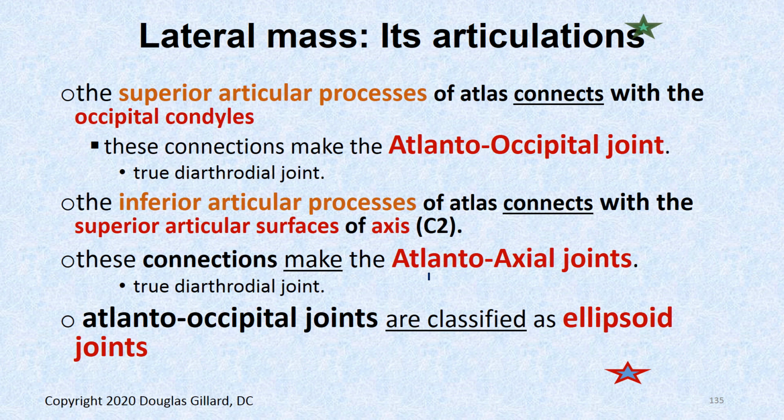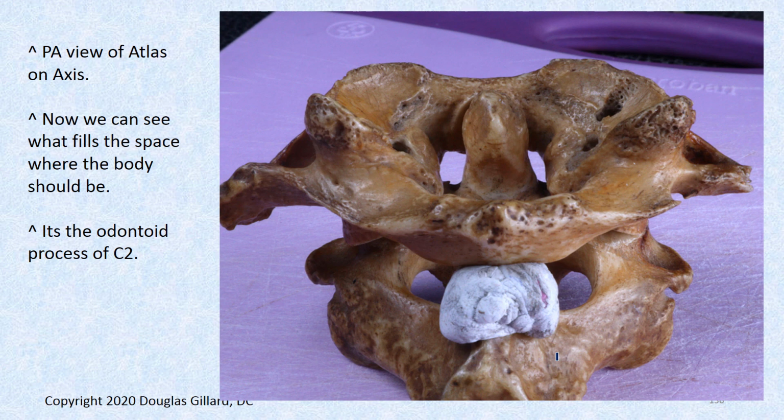The atlanto-occipital joint is classified as an ellipsoid joint. There's a picture. Again, look at the difference in these spinous processes or transverse processes. How weird they are. Very asymmetrical.